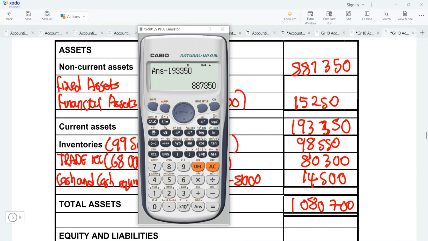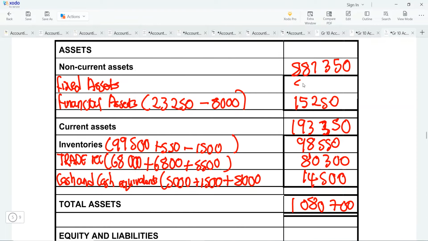And then from this I'm going to minus my financial assets. So I'm going to say minus 15,250, which gave me 872,100.